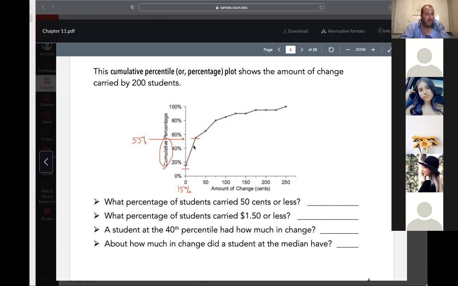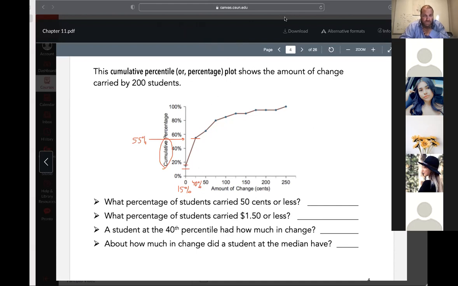Well, 55 is up until 25. You say cumulative, so it'll be 55 plus a 15? No, not quite. Is it 40? It's 40%, because between the two of them, it has to add to 55%. And we already have 15 at the 0. So the total, instead of adding, you subtract.